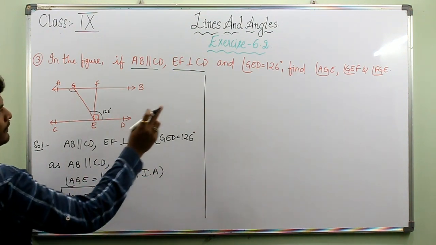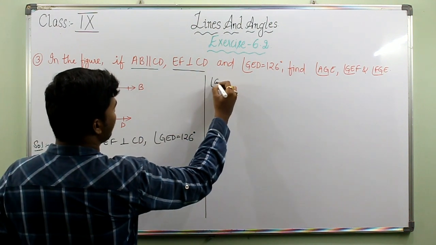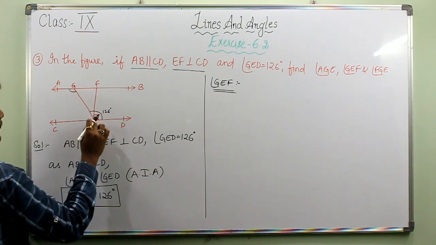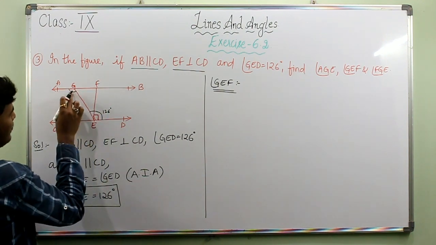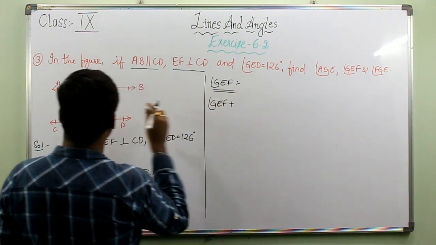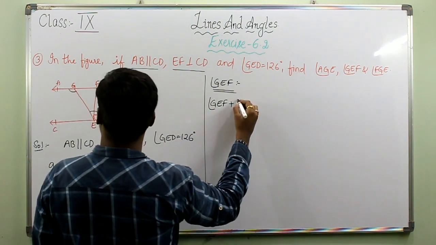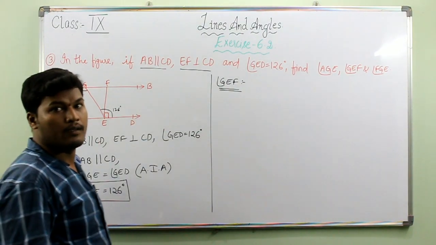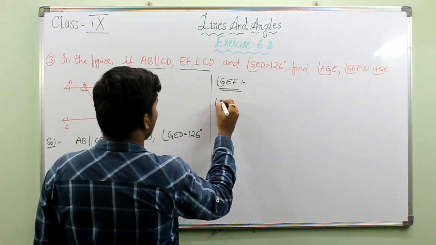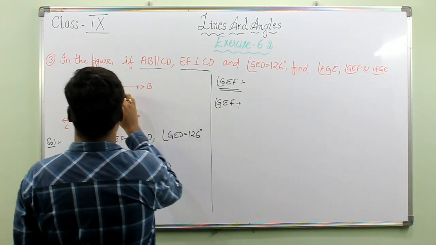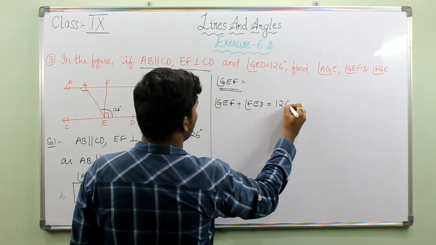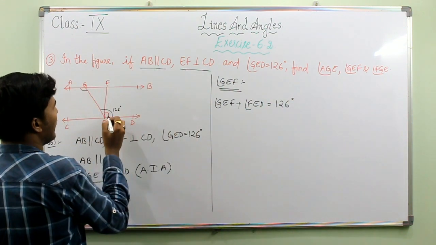Now the second one, we have to find out GEF. If you see carefully, GEF plus FED is equal to 126, but this FED is making 90 degrees.